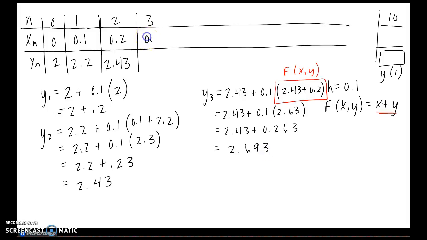So my third approximation, 2.693. Okay, so think about what we're doing. If we're looking at the graph, then these are the coordinates of the points as we travel up to where the x coordinate is 1. So we started at 0, we're heading in the direction of 1, and we're getting there by taking 1/10 of a step each time.